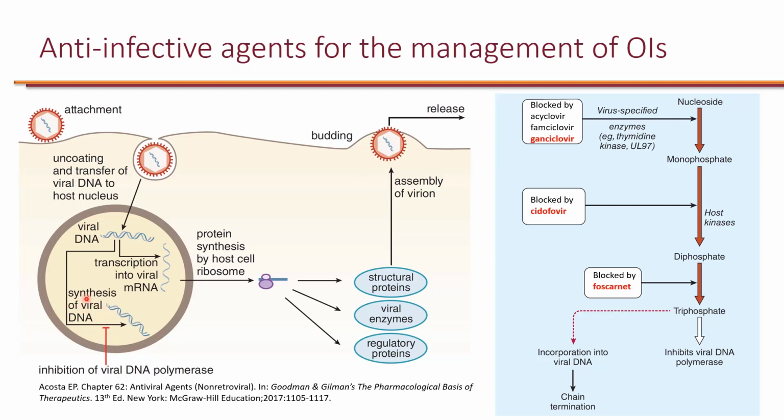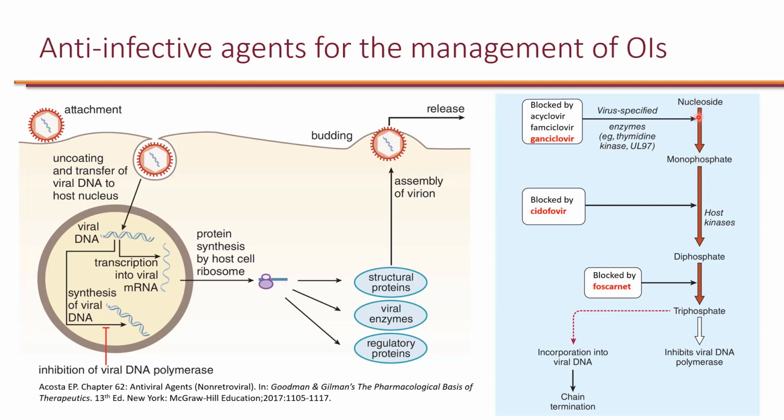So because the synthesis of DNA is important for replication, this is targeted with our antivirals. So the antivirals that we have, now here we have a general figure, so acyclovir and famciclovir are listed, so that's really more pertaining to herpes simplex virus. But for CMV, it's really ganciclovir and valganciclovir that basically act and inhibit conversion from a nucleoside to monophosphate nucleoside.